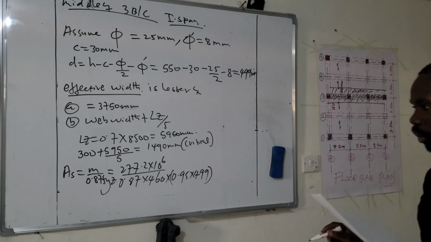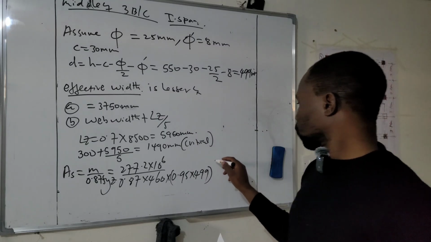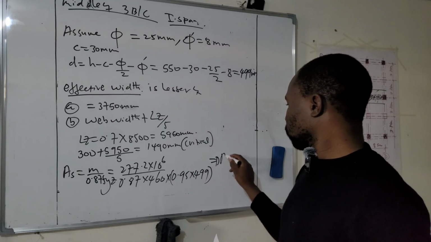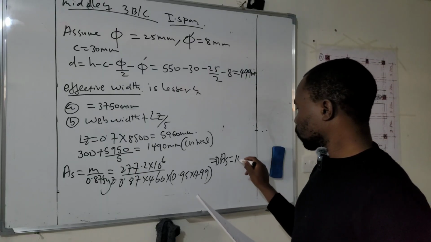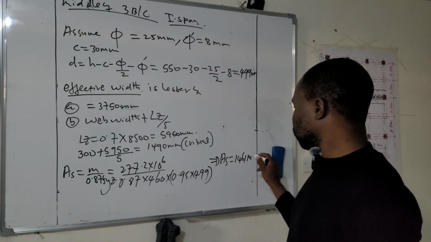So area of steel is equal to 1461 millimeter square.